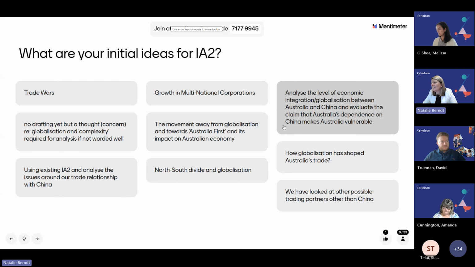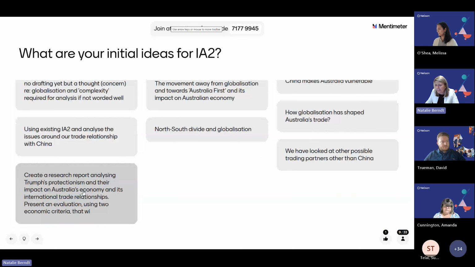So lots in there, but I really like that point about making sure there is complexity in the data so that they can draw out those ideas and then draw upon those in order to bring that into their evaluation. Trump's protection regime, yeah, I think that's a fantastic one.